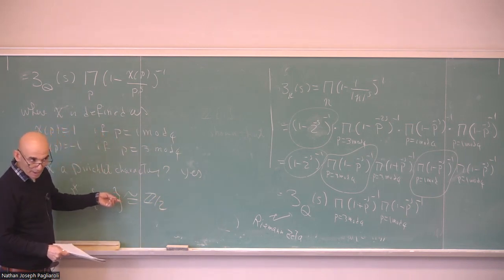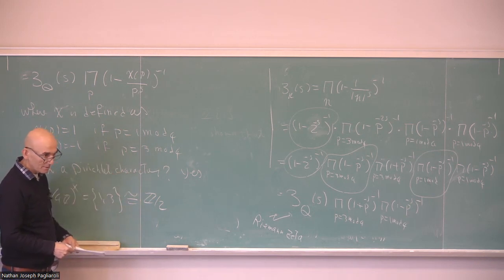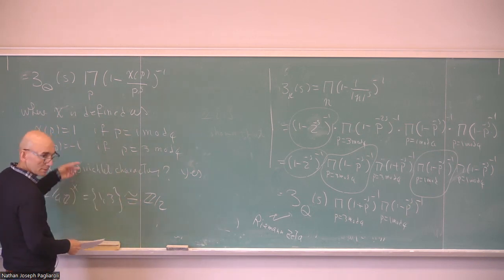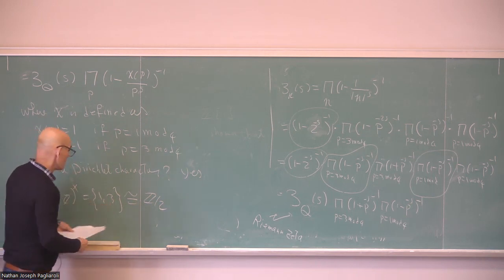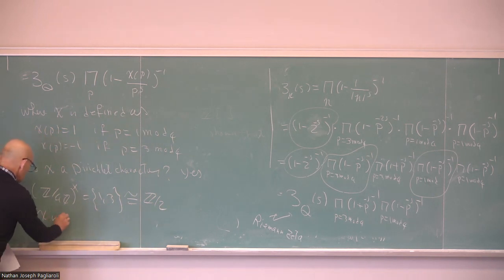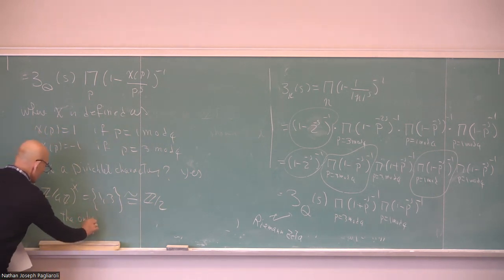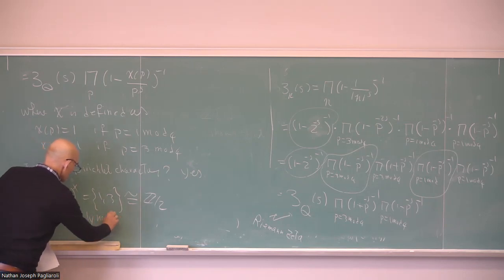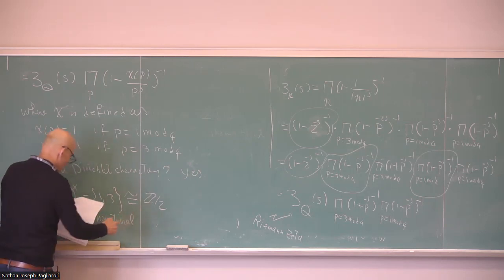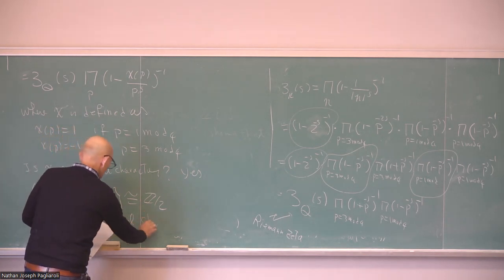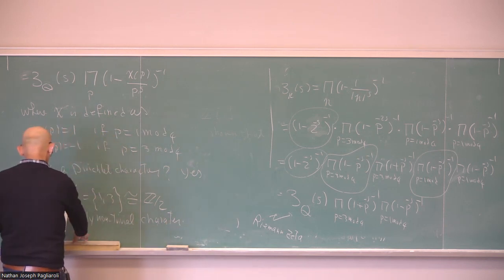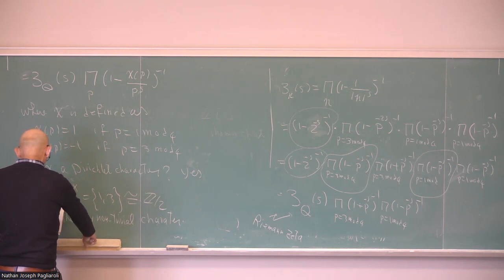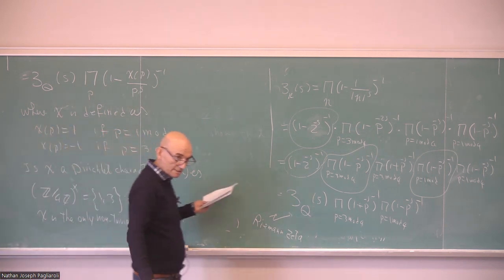This chi is the non-trivial character that sends 3 to minus 1, because 3 is the generator here. So chi is the only non-trivial character here. So this is a Dirichlet character.